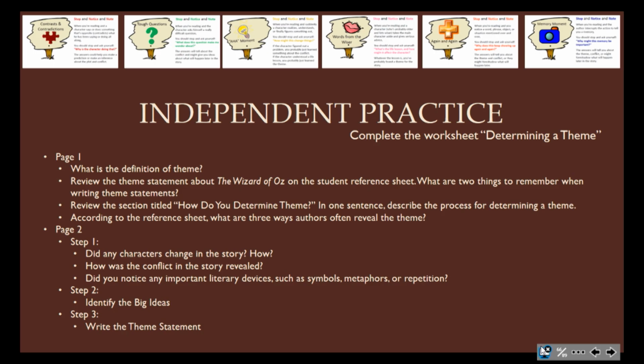Those are the things that we just went over, that it has to be a complete message, and it uses the word people instead of character names or plots. Then you're going to review the section titled How Do You Determine Theme? and just follow those steps. And then on page 2, there are some ideas that will move you along to developing a theme for Amy Tan's Safety of Numbers. So that's all that we have for today.